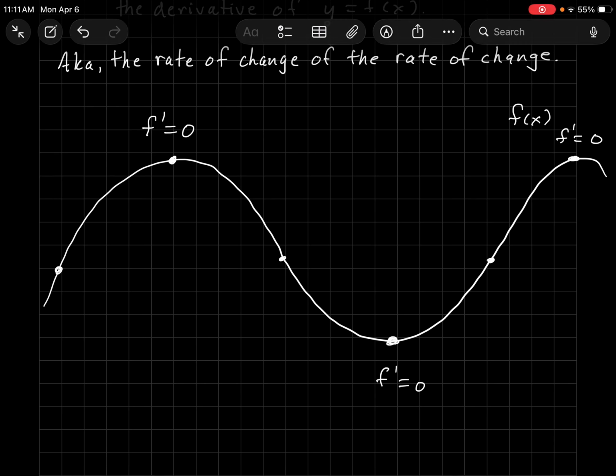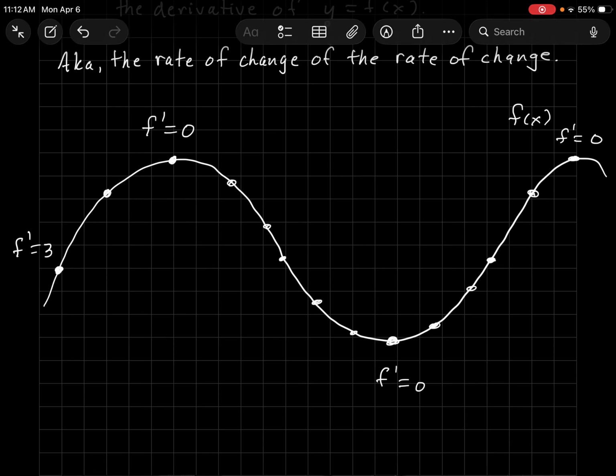Now at a few points, let's say here, here, here, all of these, we're going to find some values of f prime. We're going to guess at them, and we don't have to be correct, but we need to be relatively correct. So at this first point over here, I'm going to say that f prime is, well, maybe 3.